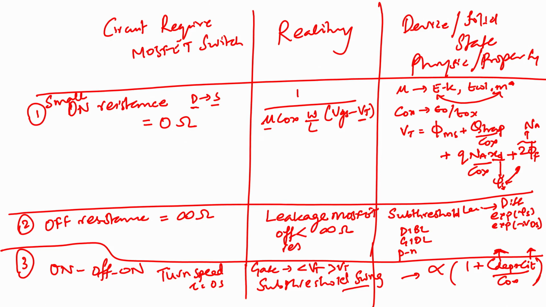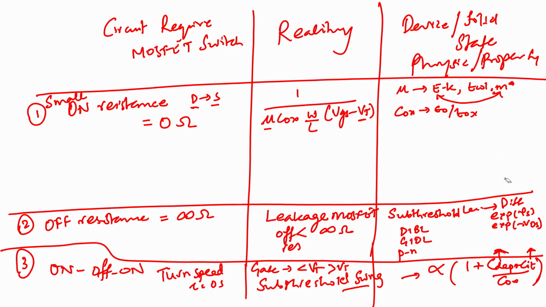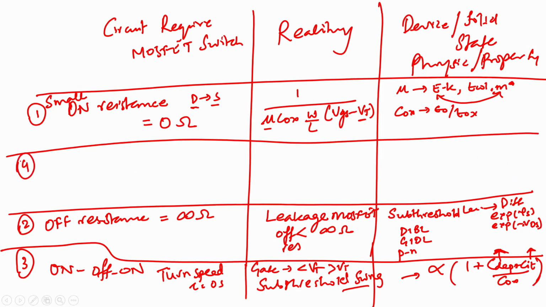And then what else did we see? So let me just find some space here. Since we have understood what Vt is, let me just erase that. So what about the turn on speed in a circuit? You have a MOSFET RC circuit, the turn on speed is typically your R on into the capacitance.